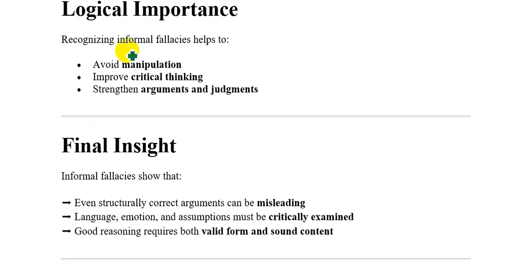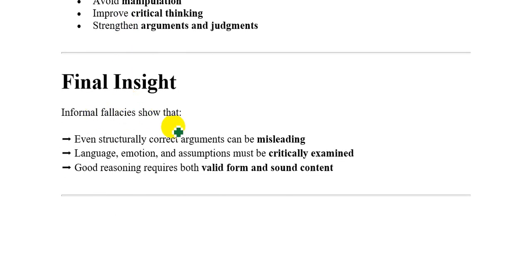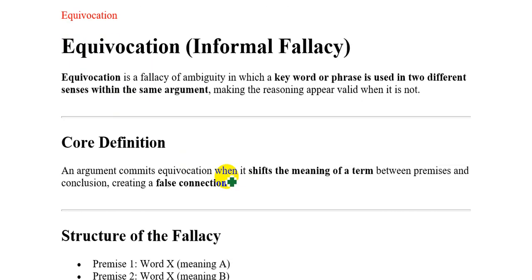Once we recognize the fallacies, we can avoid manipulation, improve our critical thinking, and strengthen arguments and judgments. Informal fallacies show that even structurally correct arguments can be misleading. Language, emotion, and assumptions must be critically examined, and good reasoning requires both valid form and sound content.